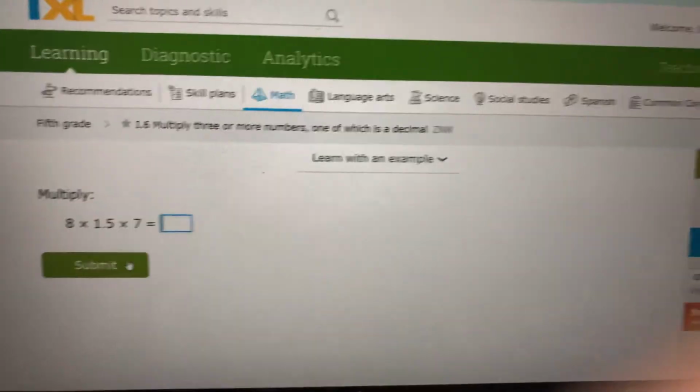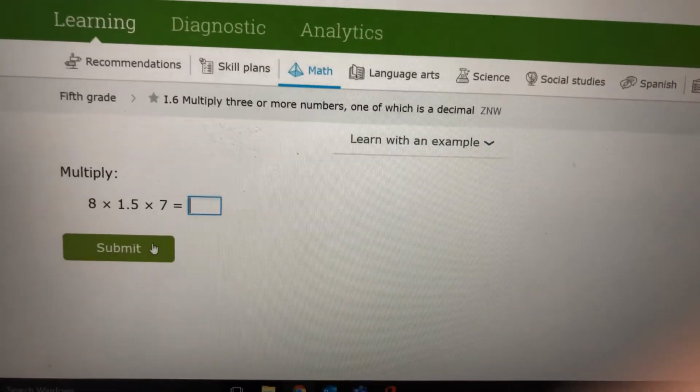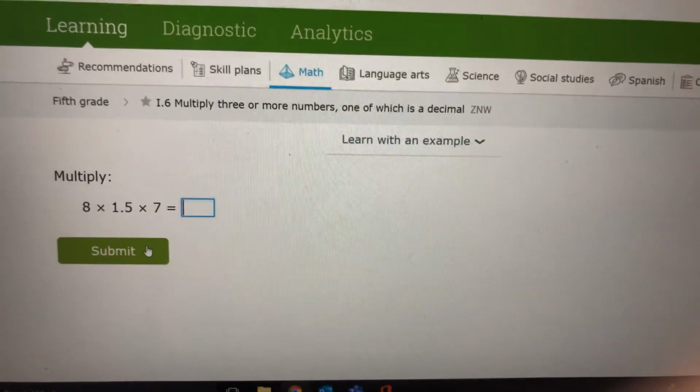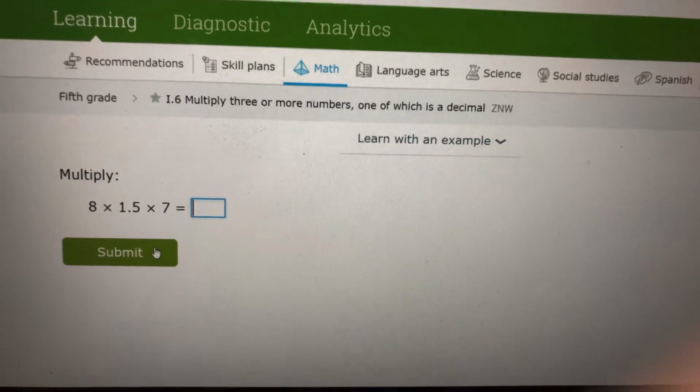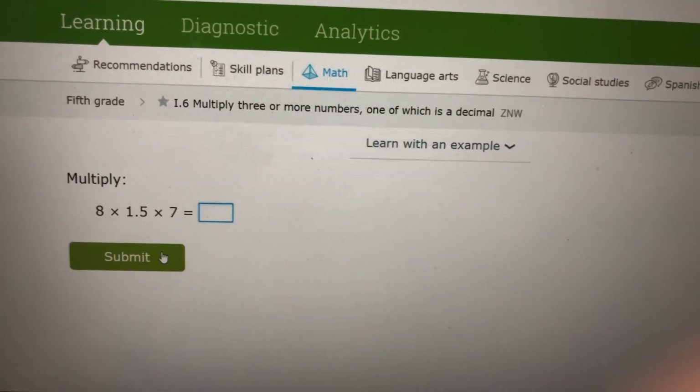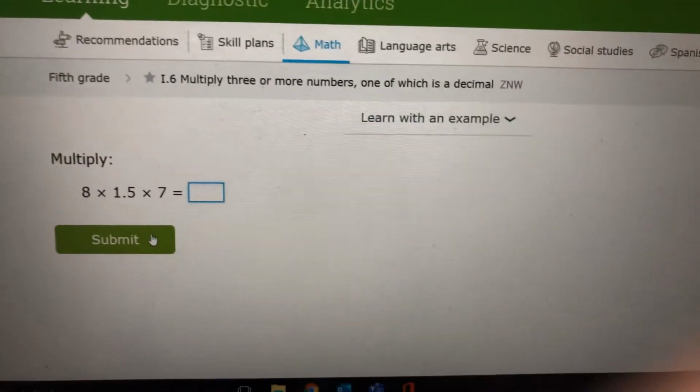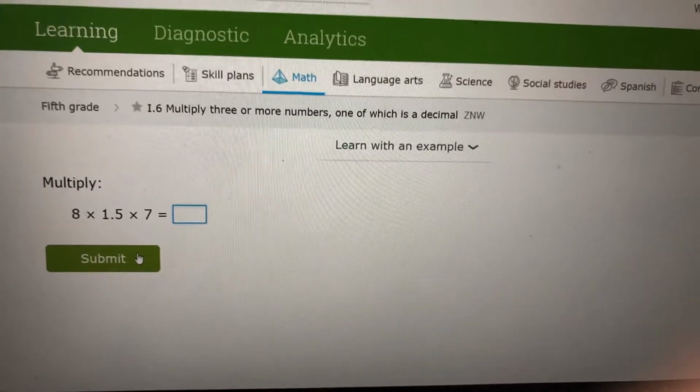So, I kind of like the idea of multiplying 8 and 7 first. So 8 times 7 is 56.